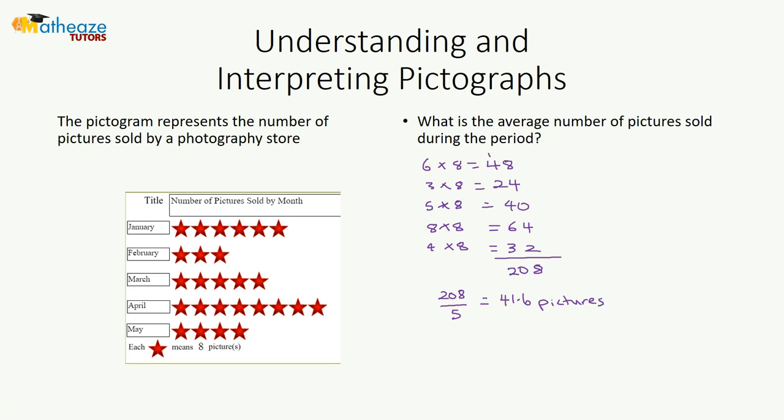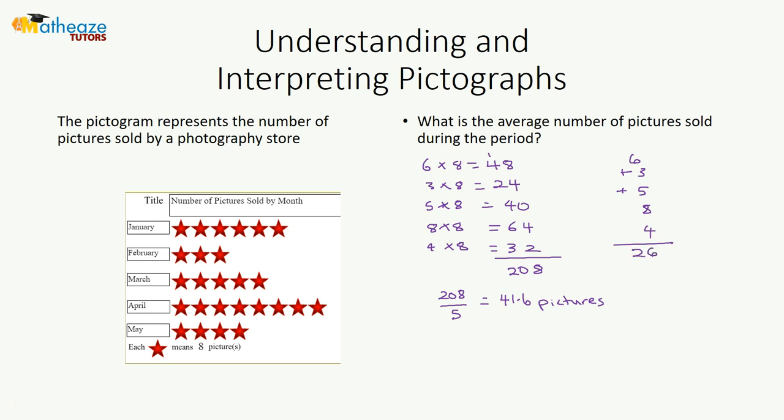Now, the second approach we could take is, we could say 6 stars plus 3 stars plus 5 stars plus 8 stars plus 4 stars, and see what that gives us. 6 plus 3 is 9 plus 5, 14 plus 8, 22 plus 4, 26.